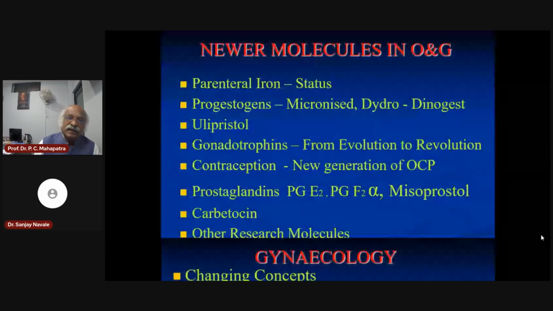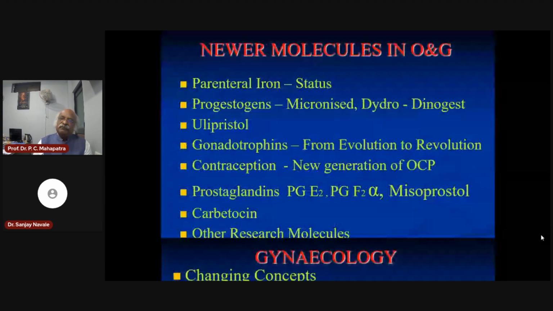Apart from atosiban, parenteral iron has a status. Now, what is the status of parenteral iron? Oral iron has been there for decades, for time immemorial. Now it has switched to parenteral iron, and a lot of pharmaceutical companies are aiming for parenteral iron. Iron sucrose started the second generation of parenteral iron, and it has been used extensively and is still being used extensively.